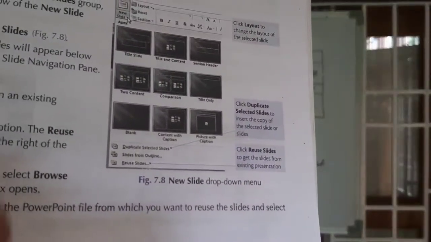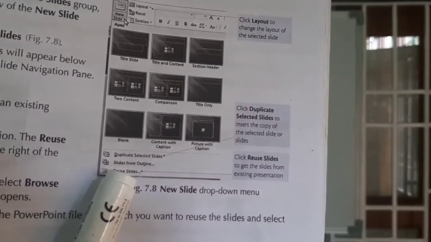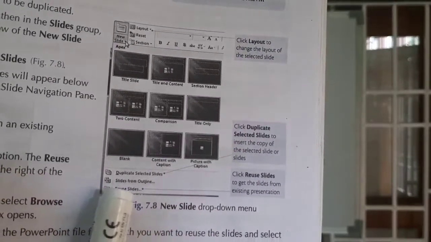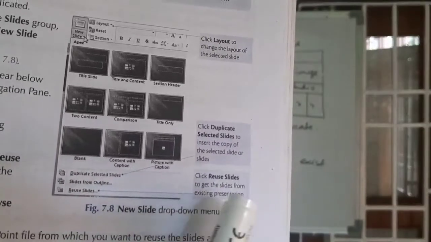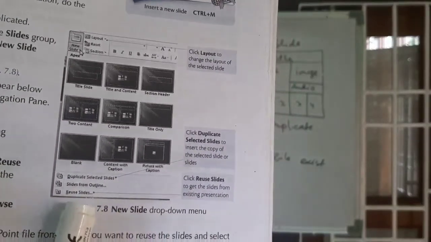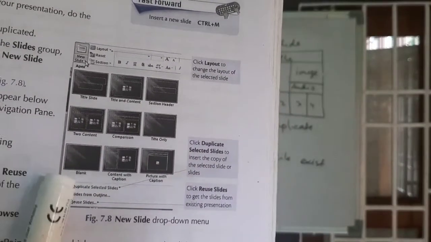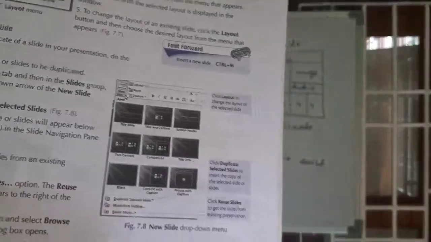At the bottom of the new slide drop down menu, see reuse slides. Click reuse slides to get the slides from the existing presentations. So in this way you can reuse any existing slides from your presentations. Okay, I think you understand.